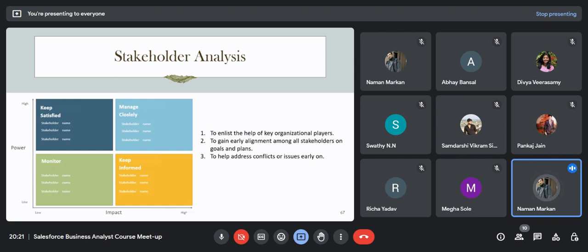It also helps you address conflicts and issues. So this analysis is a prior stage, once you have defined the criteria and filtered out your customers or stakeholders.